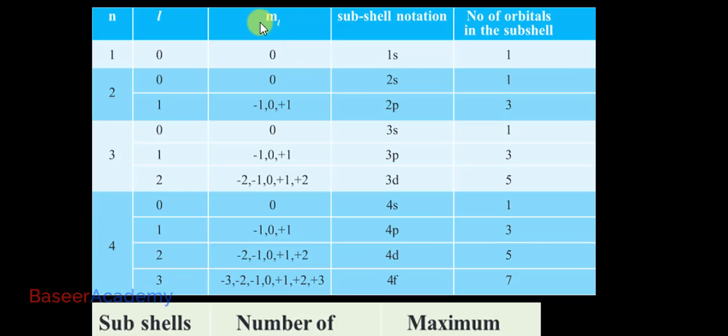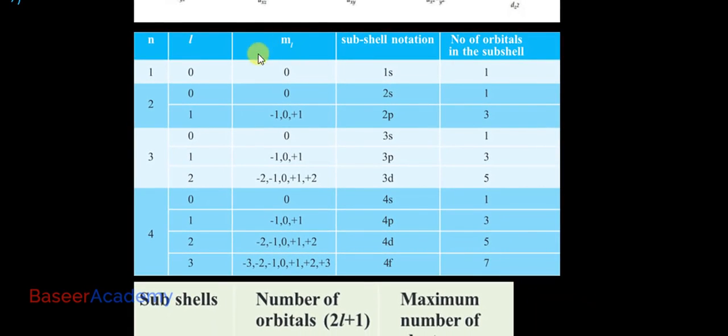And what are the possible M values? M takes values from minus L to plus L, right? So if the L value is 0, M will take values from minus 0 to plus 0. There's no such thing, 0 will not have a sign. So the only value for M here is 0.